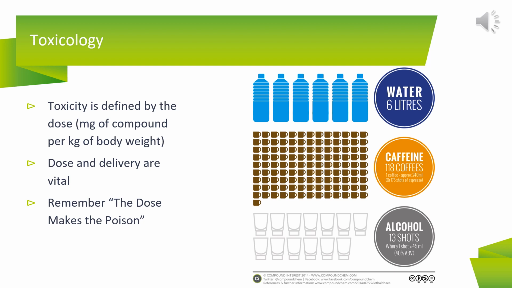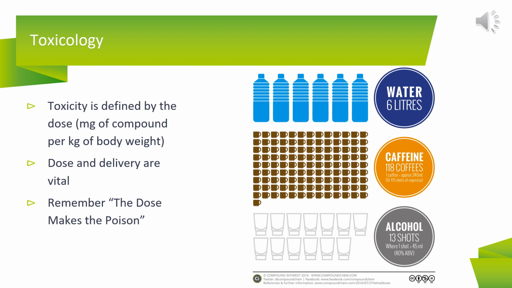But 6 liters of water is toxic for you. 118 coffees, espressos, I drink that every day. That's toxic for you. And once you become 21 and you're able to do this, 13 shots of alcohol will be toxic for you. That would put you at a very high alcohol blood level.